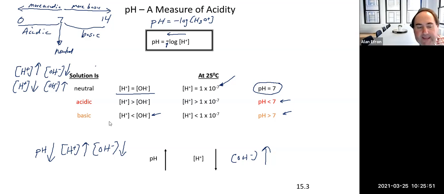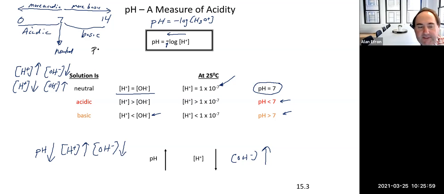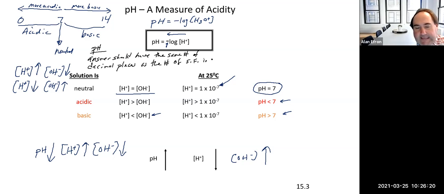Let us talk about pH and everybody's favorite thing, significant figures. When you calculate the pH, your answer should have the same number of decimal places as the number of significant figures in the concentration value, and vice versa.